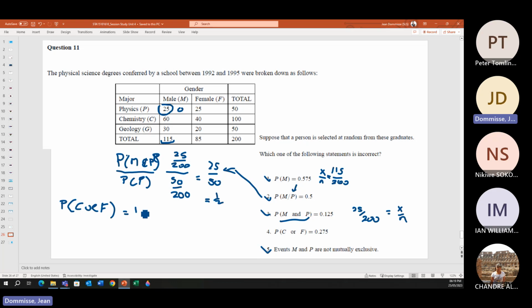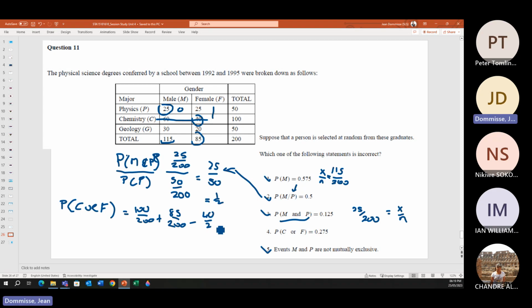It's the probability of chemistry, which is 100 divided by 200, plus the probability of being female, which is 85 divided by 200, minus the probability of C and F, which is 40 divided by 200.